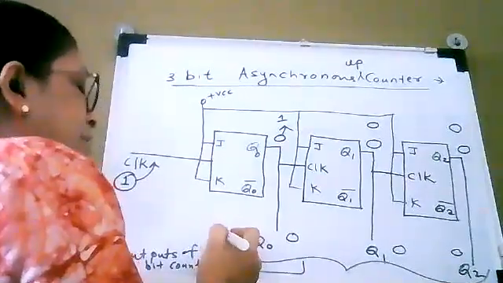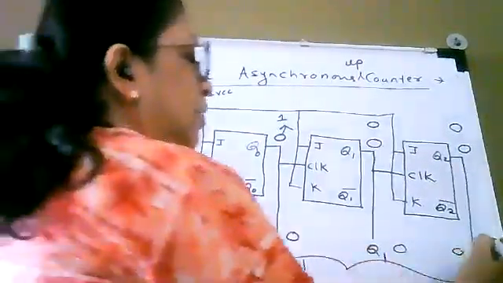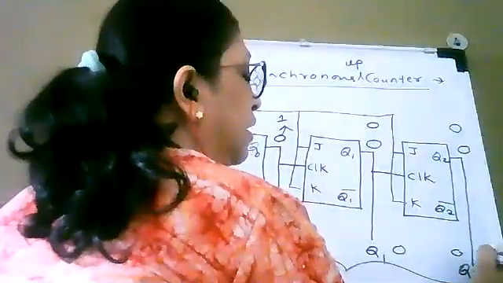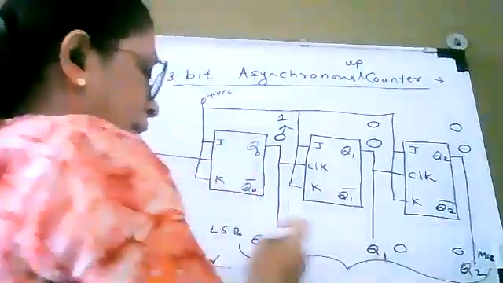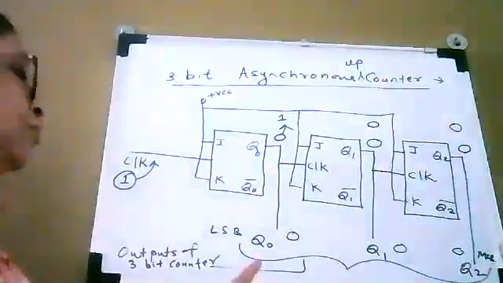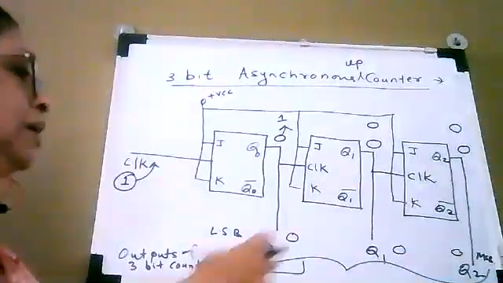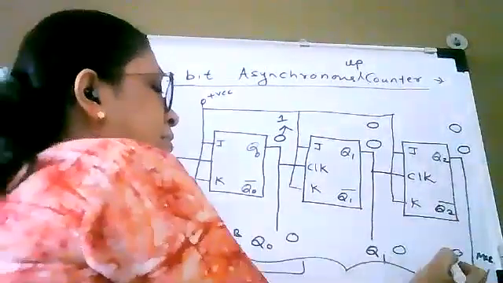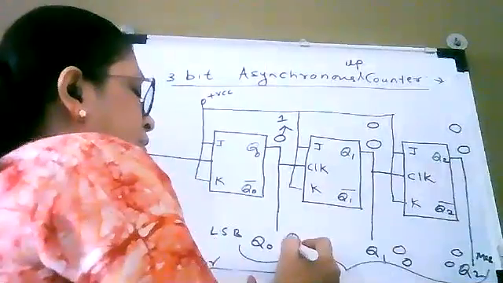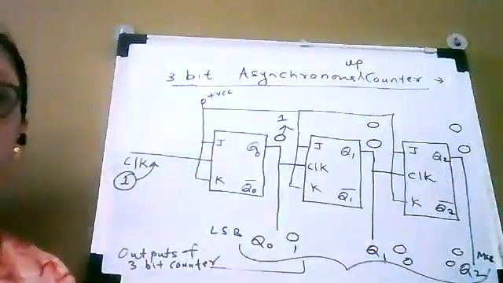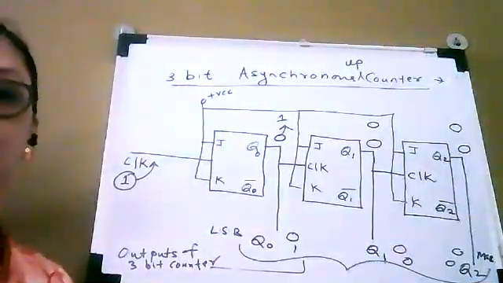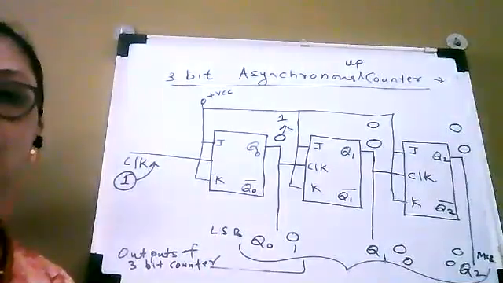This Q0 is your least significant bit and Q2 is your most significant bit. So the count that we are getting at the output of the counter is 0, 0, 1 for the first clock pulse.